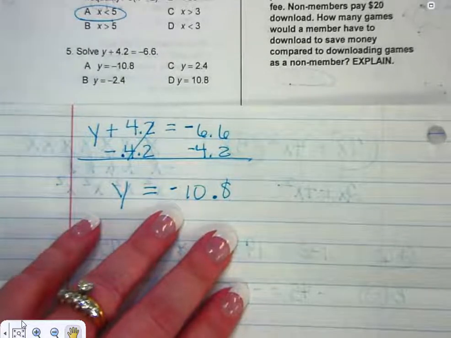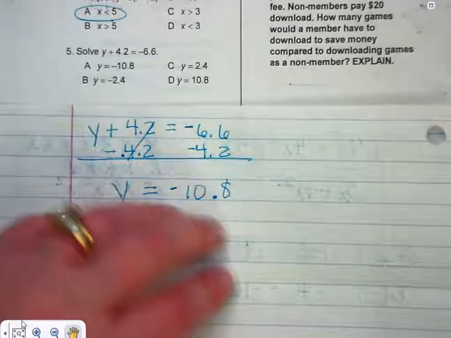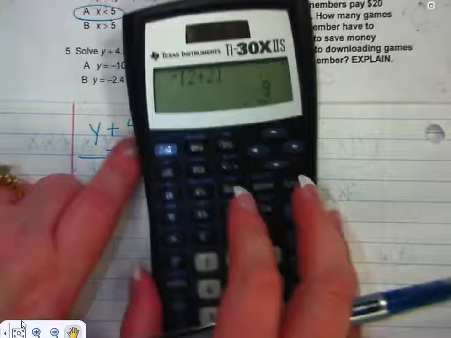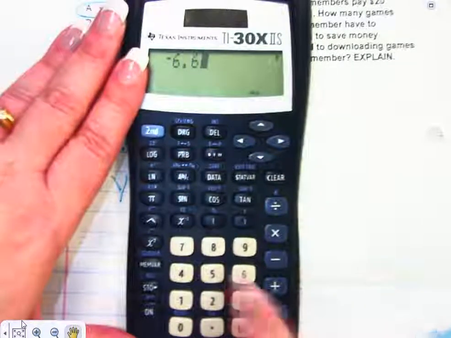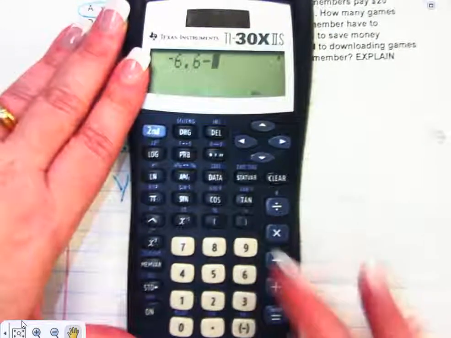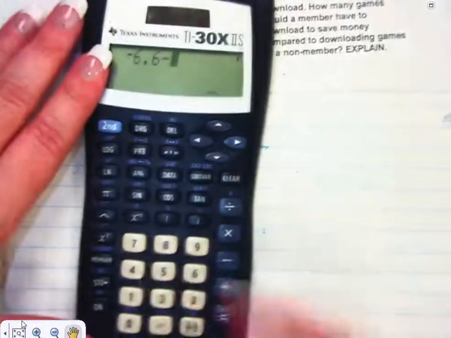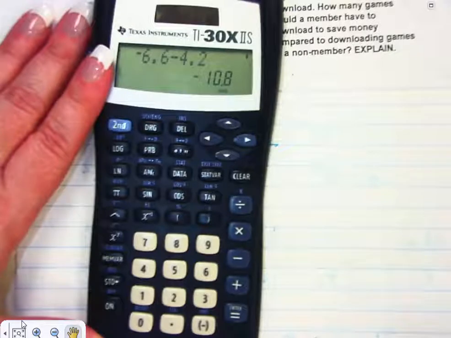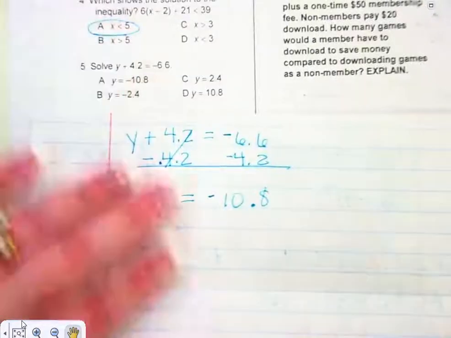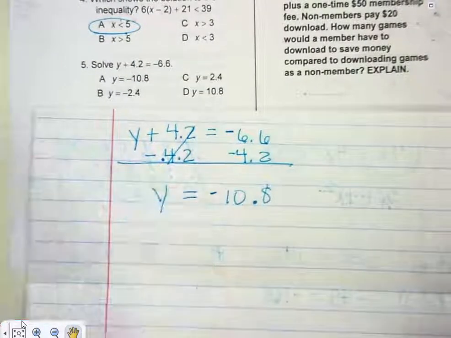You've got to think back to the rules that you know. This literally means, on a calculator, negative 6 6/10 minus 4 2/10. Okay, so if you're not sure, use the exact signs that you see.